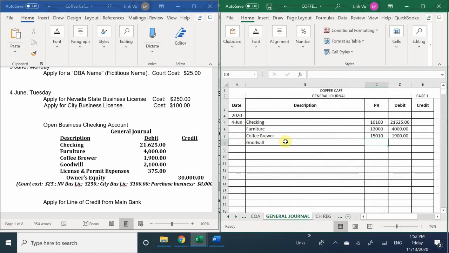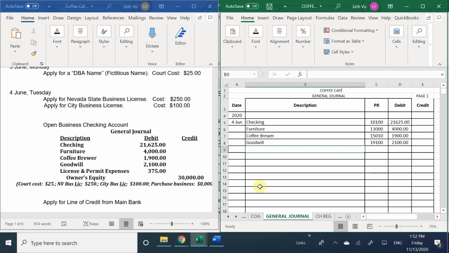Okay, perfect. 19,100. And we bought it for a total of 2,100. Okay. Now with the license and permit, we're going to combine the court fee that we had to pay to change our name. We're also going to combine it with the state license as well as the county license.